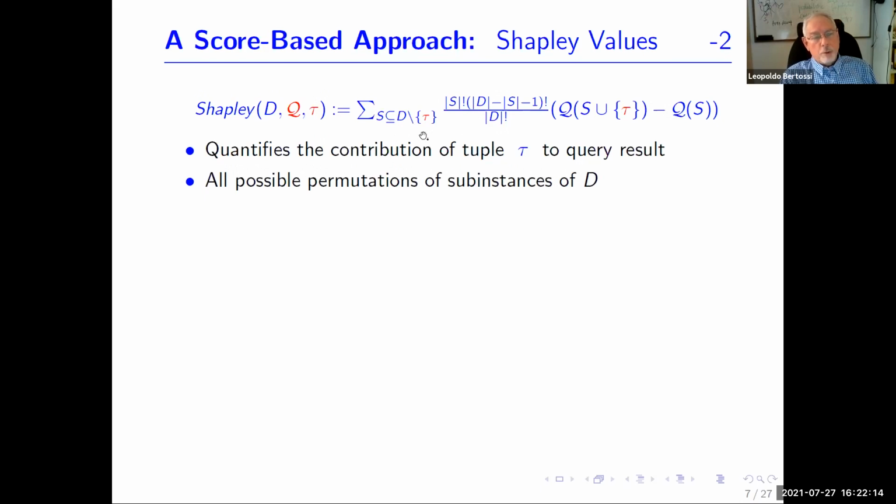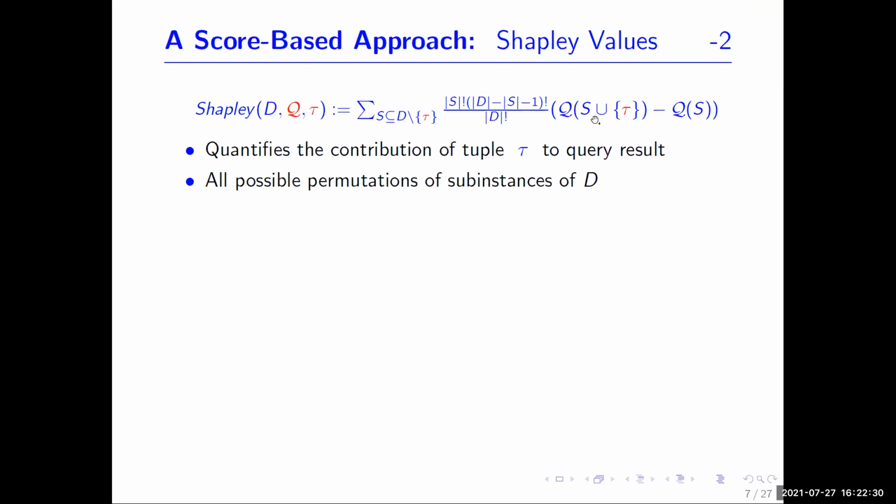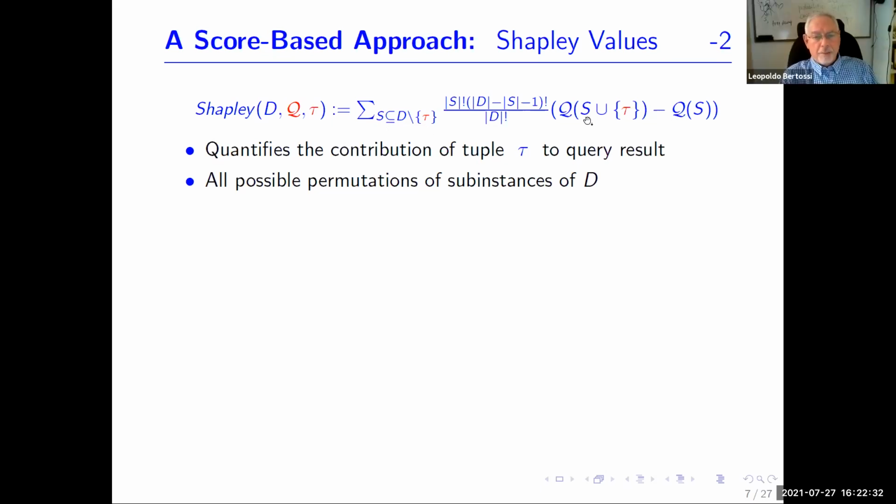Here, basically, we are considering all the possible permutations of sub-instances of D. So we have D, we leave aside the tuple we are analyzing, and then we consider all the possible sub-instances. In those sub-instances, the query will be true or false. And we consider the difference between the query being true in this sub-instance plus the tuple in question, and not having the tuple in the same sub-instance.